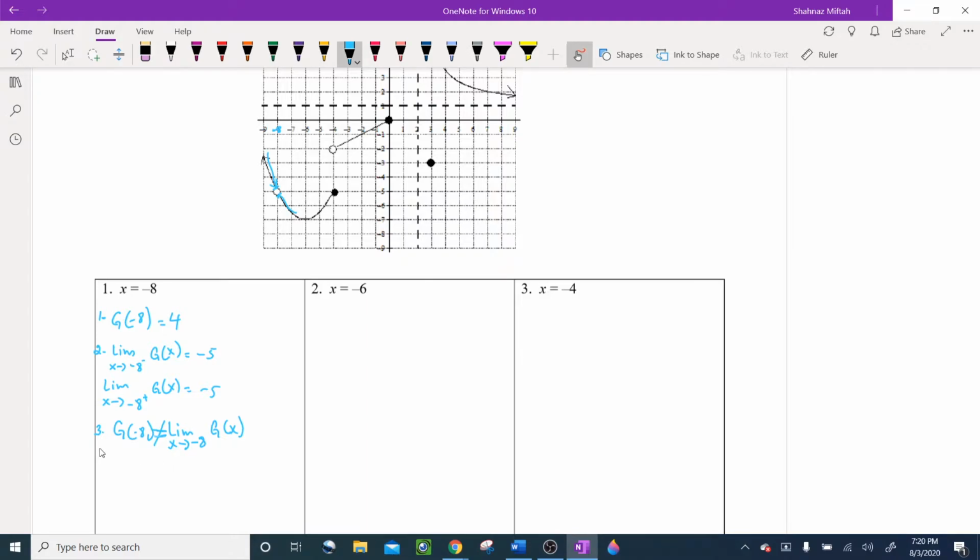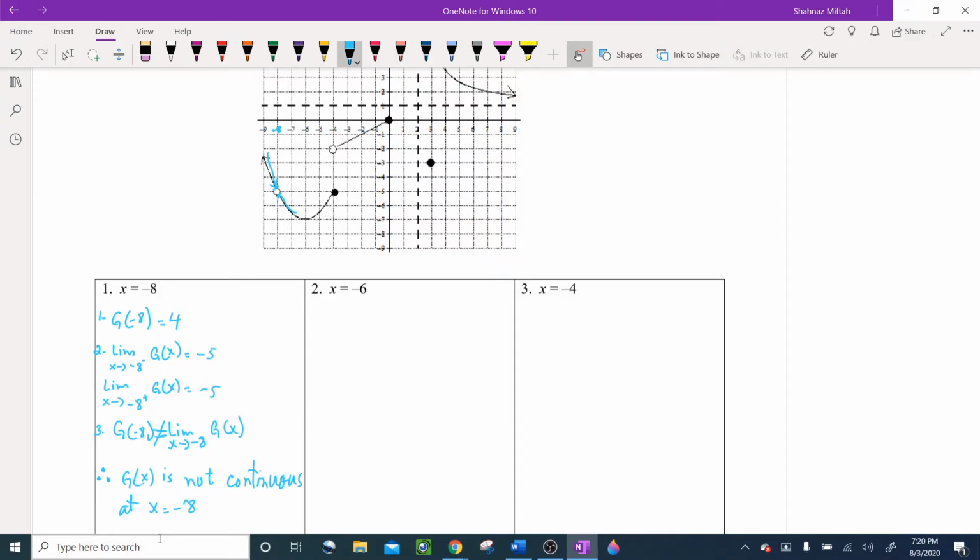Now, they are asking for an explanation. So therefore, and I'm using these three dots, you can use these three dots on the test. Therefore, g of x is not continuous at x equals negative 8.